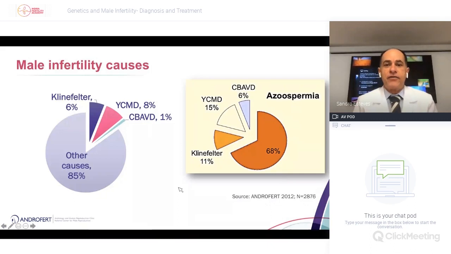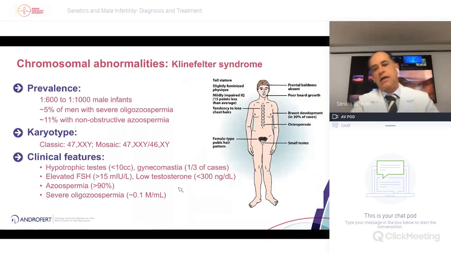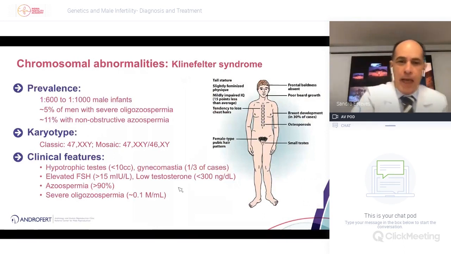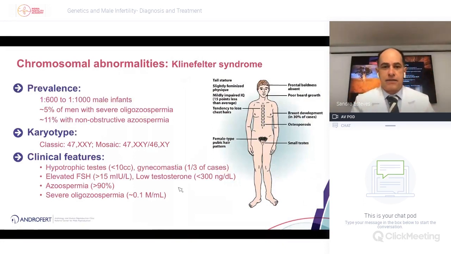So let's start with Klinefelter syndrome, which I'm sure you have seen in patients. The prevalence is listed there, 1 in every 600 to 1 in every 1,000 male infants. Five percent of these men will have severe oligozoospermia, let's say less than 1 million sperm per ml. Patients with severe oligozoospermia are usually mosaic.